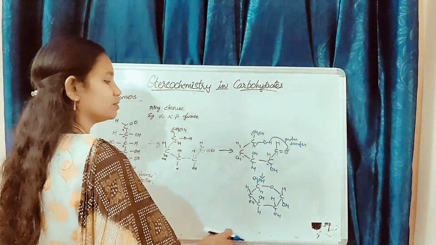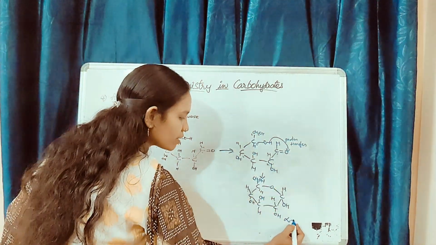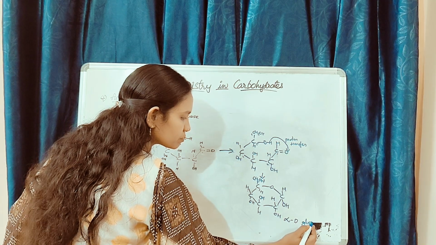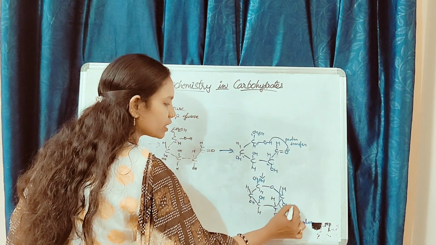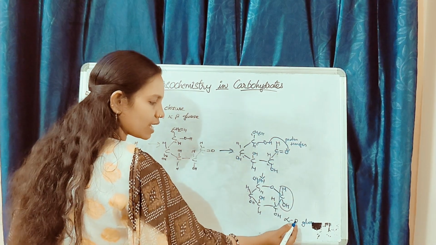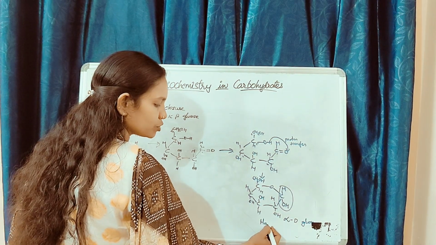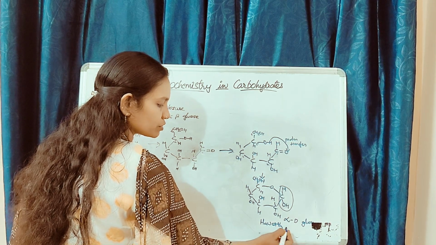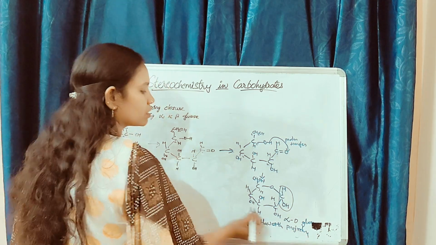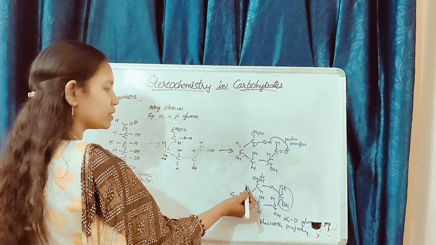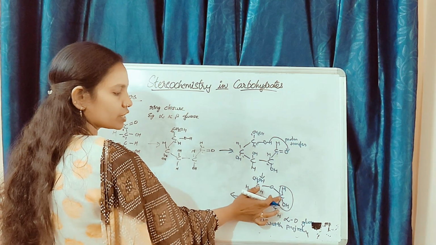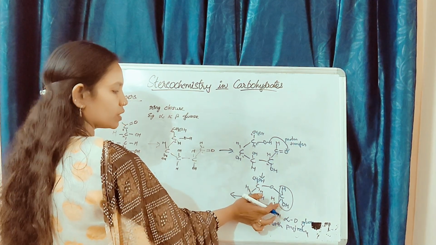Is it clear now? This is the alpha D glucose. If the H is on the top and OH is on the bottom, then it is alpha D glucose. We call this projection as Haworth projection, means ring closure. Now let's see the beta form. There will be only a difference in the configuration of H, OH only. Let's see.